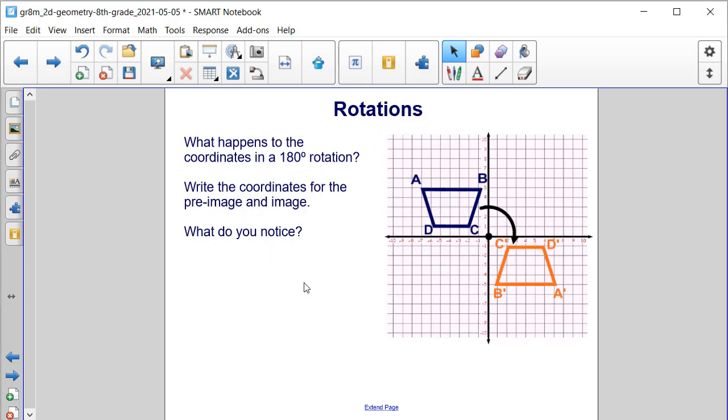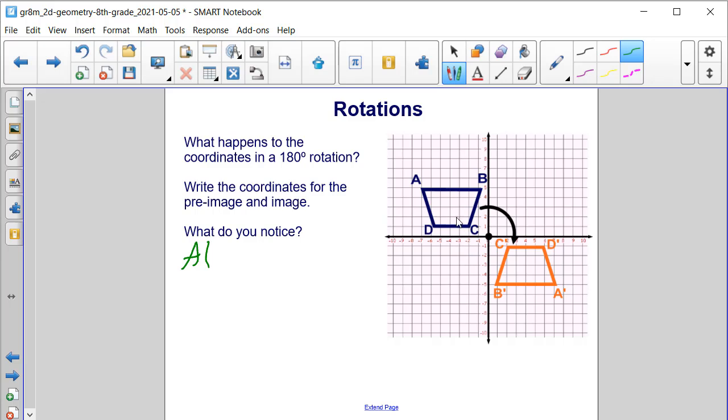What happens to the coordinates of a figure in a 180-degree rotation? Let's write down the coordinates of the pre-image and image to see their relationship and to see if we can come up with a general formula to help with these transformations. So let's start off with our original coordinates.